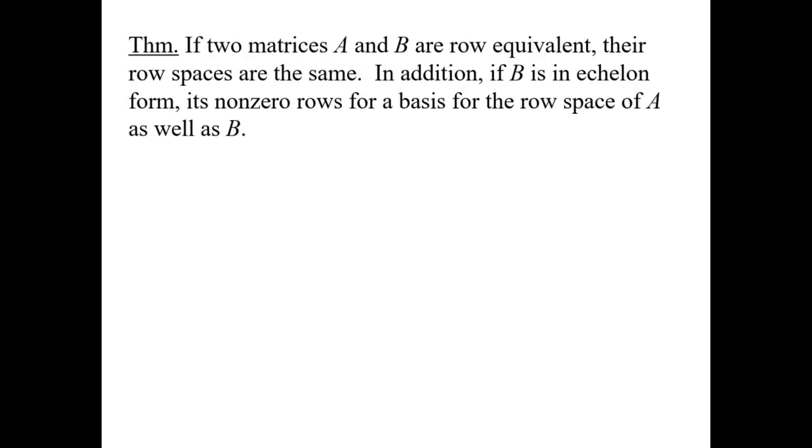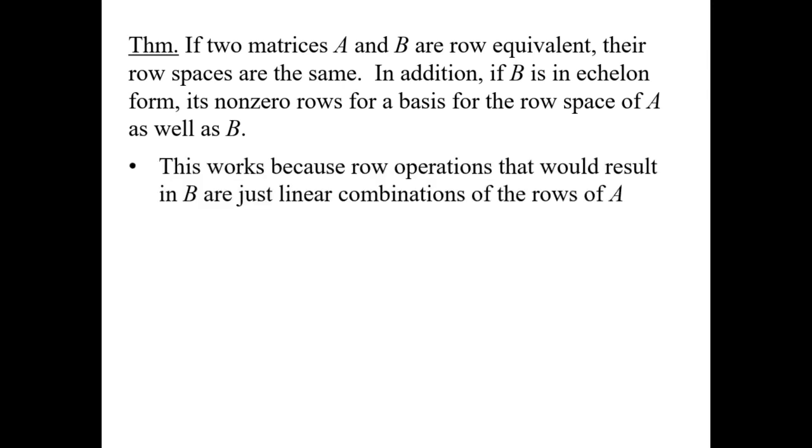Okay. If 2 matrices, A and B, are row equivalent, so we're going to play with row spaces here a little bit, their row spaces are exactly the same. In addition, if B is in echelon form, its non-zero rows form a basis for the row space of both A as well as B.